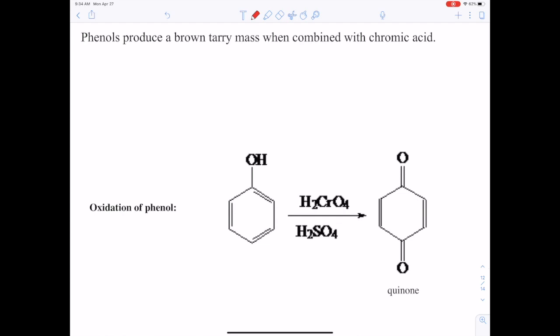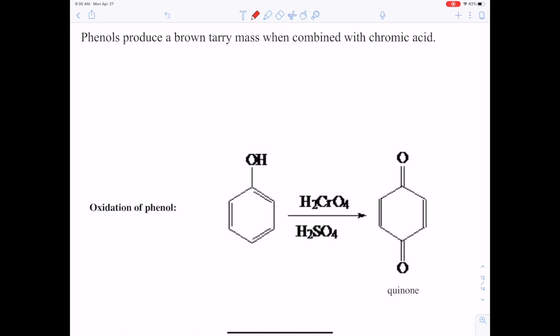Sometimes people will say, oh, I have a positive test because the phenol showed reactivity. So they might say, oh, the phenol has a positive reaction. It reacts, but it doesn't give you the results that you expect.